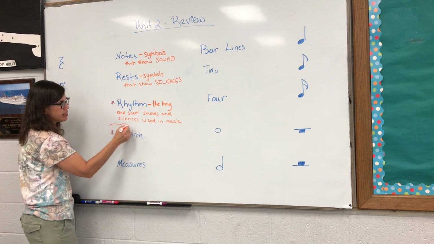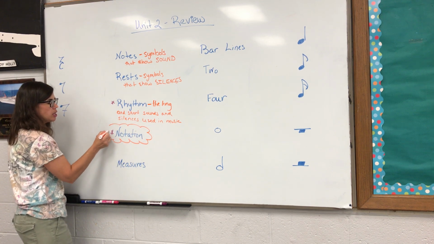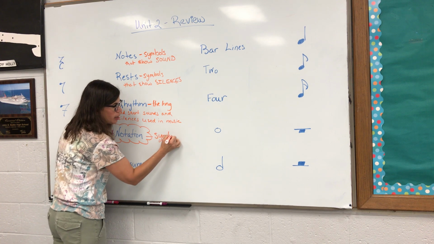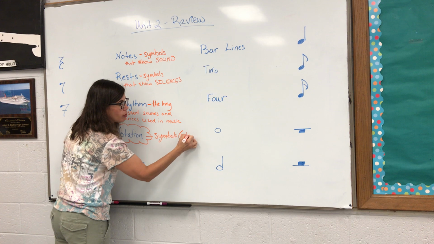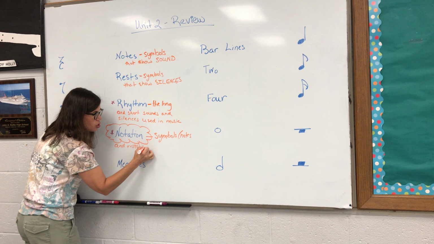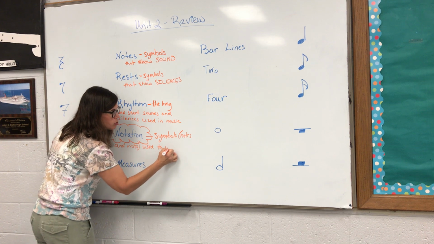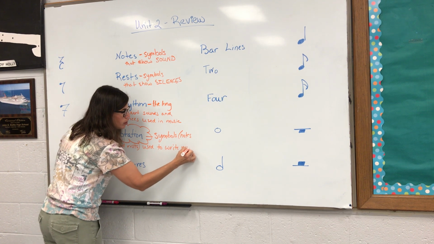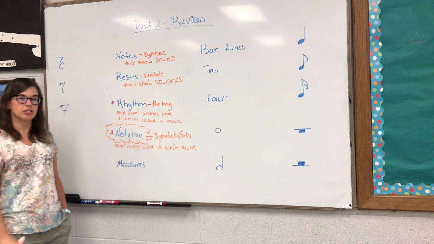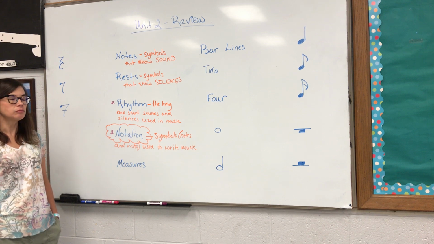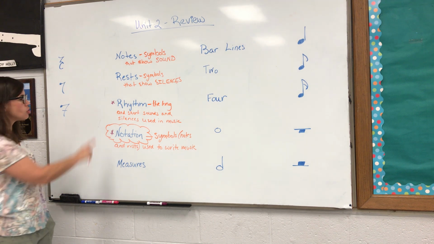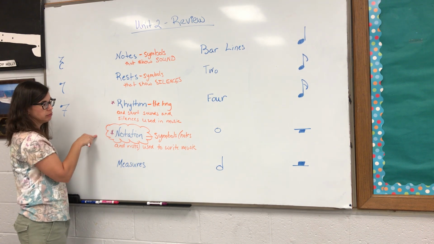Notation is the fancy pants word that we use when we talk about the symbols, and I'm talking about notes and rests, used to write music, okay? So notation is the word where we're talking about notes and rests, those symbols. Rhythm is long and short sounds and silences, okay? Don't get these two confused, okay?